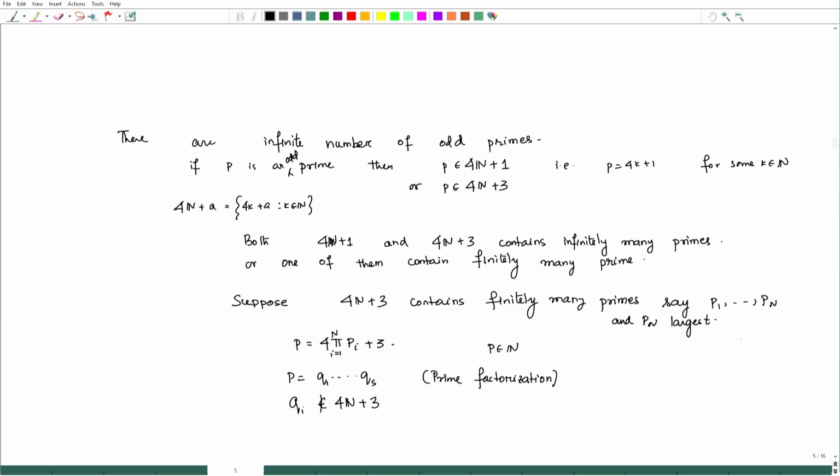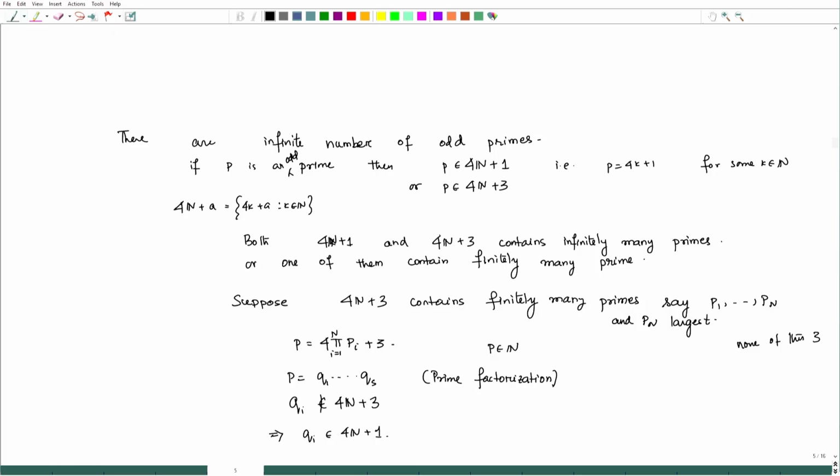So, these qi cannot be of the form 4n plus 3. Therefore, all these qi are going to be of the form 4n plus 1, because that is the only class which remains.